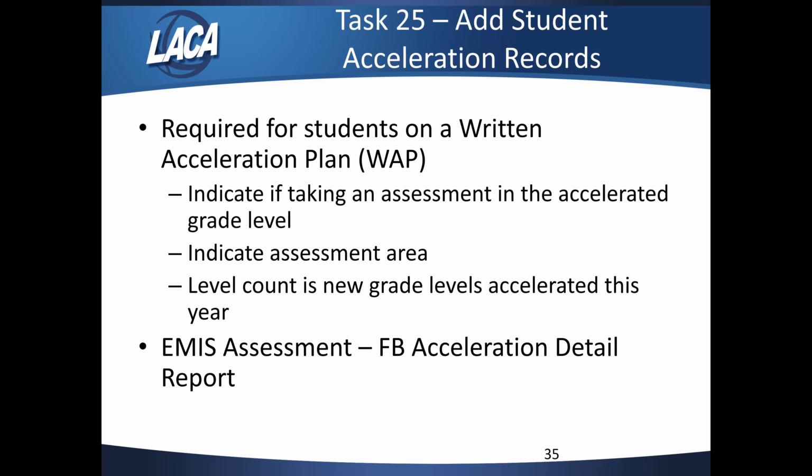What do you put in the level on acceleration? If this is the first time the student was accelerated, how many grades was the student accelerated? And that is what you put in for the level. If this is not the first time the student was accelerated, and they're still only accelerated the same number of grade levels, you put in a 0.